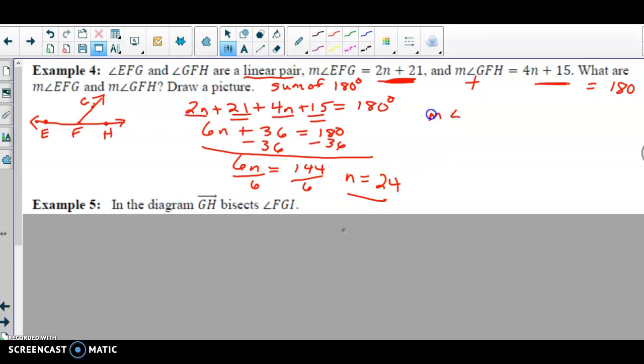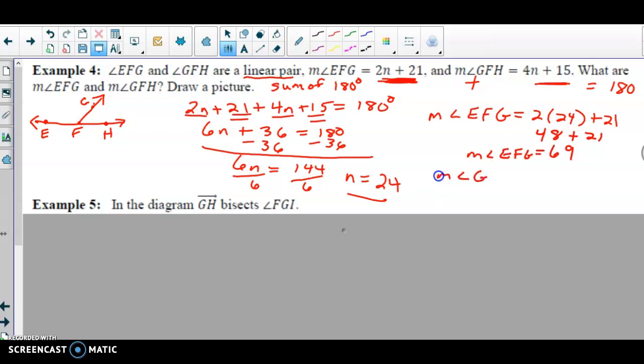So measure of angle EFG will be 2 times 24 plus 21. You just have to plug it back into this original algebraic equation. 2 times 24 is 48. 48 plus 21 is 69. So there's the measure of angle EFG.